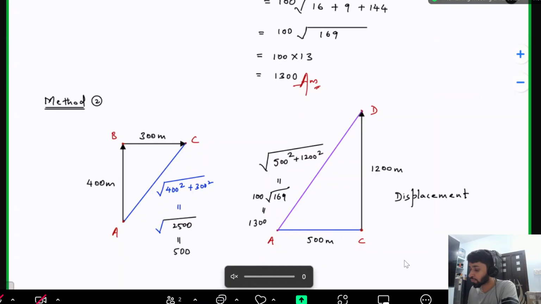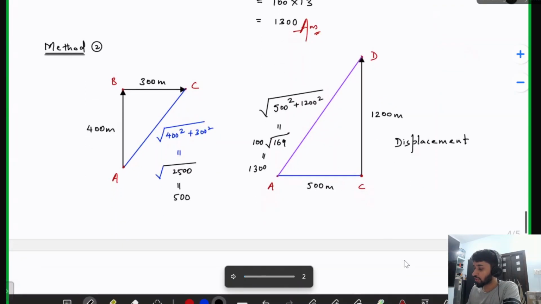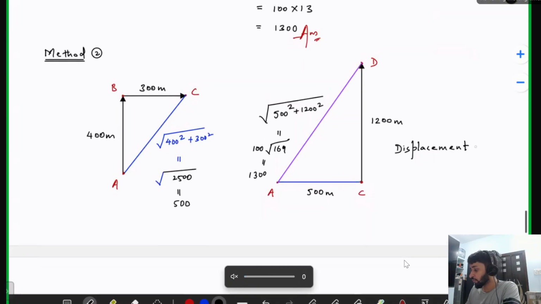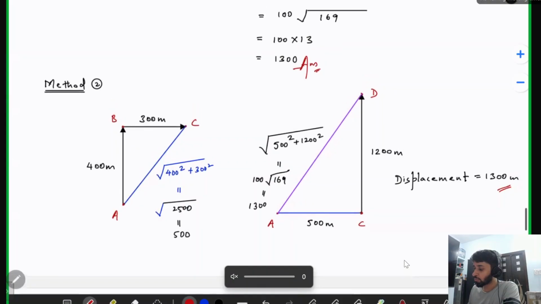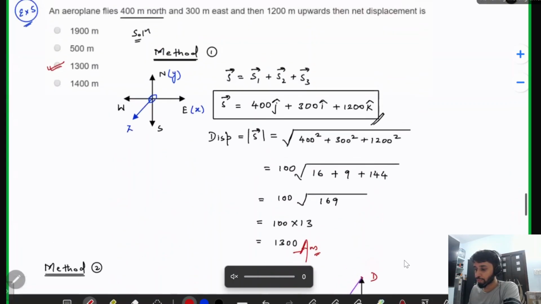So magnitude wise, the displacement will come out equal to 1300 meter. So this becomes the answer here. You can understand that from both the methods we get the answer as 1300 meter only.